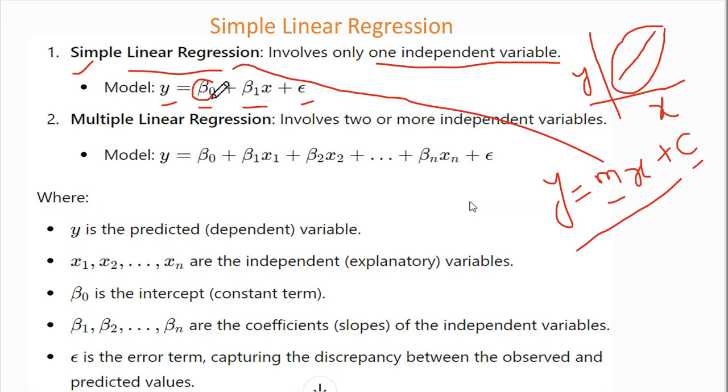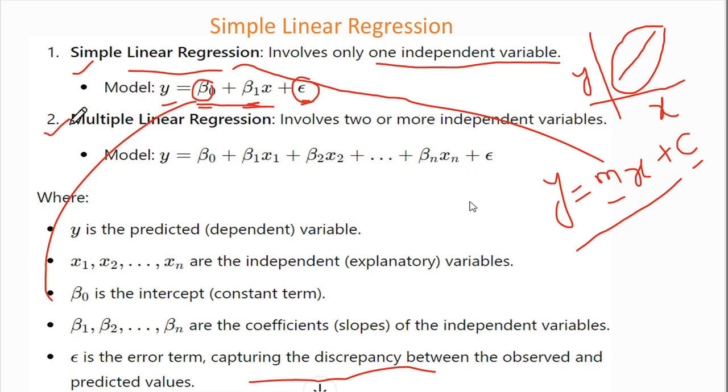Here beta naught is the intercept, beta 1 is the coefficient, and epsilon is an error term that captures the discrepancy between the observed and predicted values. We may also neglect this epsilon value. It is not affecting the final value of the model. We are mainly focusing on beta naught plus beta 1 x.